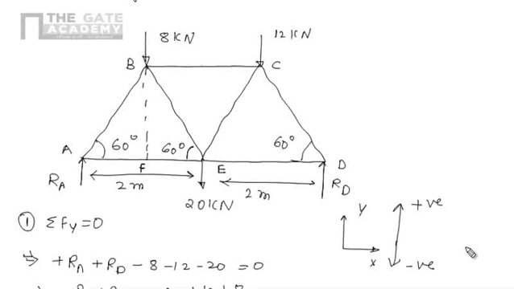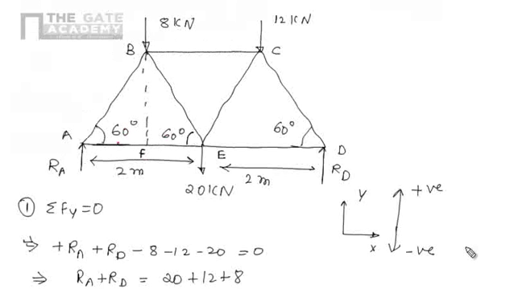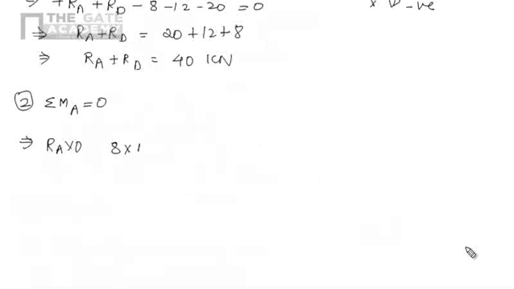So here I have RA, and the moment due to this 8 kilonewton will be 8 into the perpendicular distance, this distance AF. I am just writing AF now, and the nature of the moment is clockwise, so positive. I am defining the sign convention: clockwise positive, anticlockwise negative.